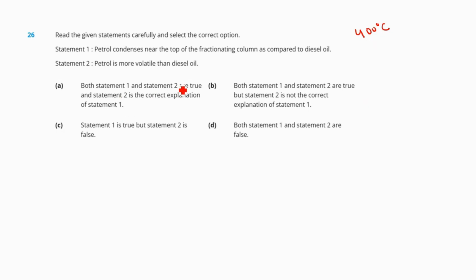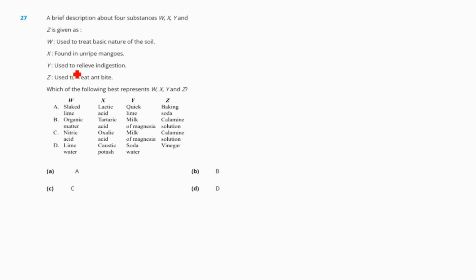Both the statements are true, and the second statement is the reason why the petrol condenses at the top, right? So both statements 1 and 2 are correct, and statement 2 is the correct explanation of statement 1. A is the correct answer.